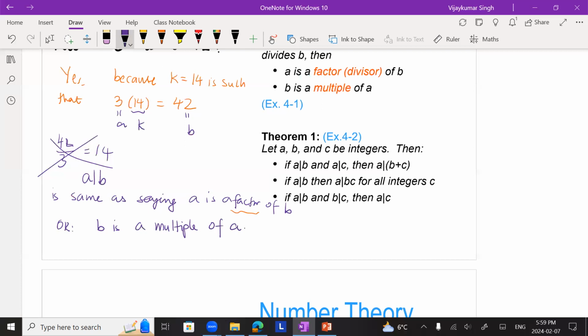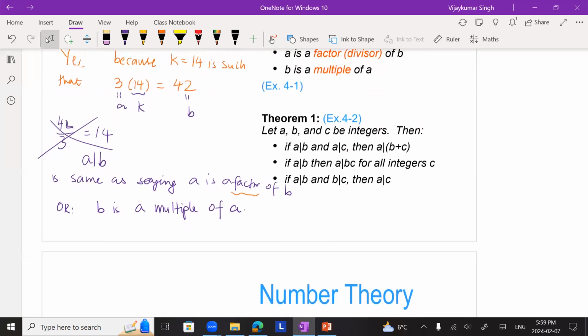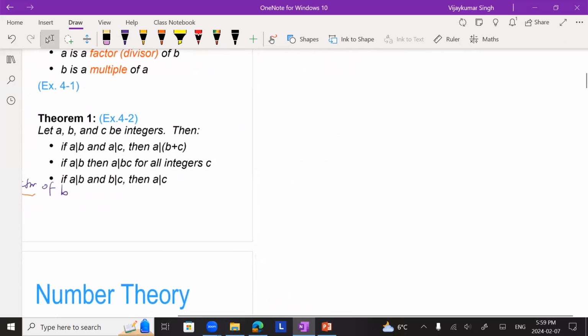So any of these things basically mean the same thing. That A divides B. All right. Is that idea clear? Now, these are some results we need to prove. So let's try to prove these results.